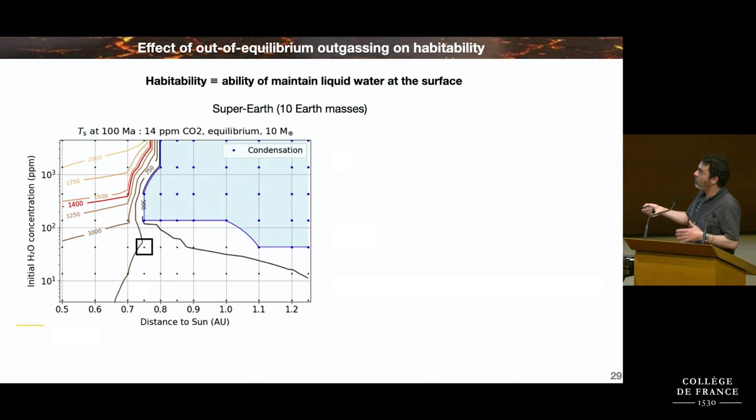So this is the area where you might expect life potentially to be compatible. Okay, this is for the case where you have equilibrium, instantaneous outgassing again.